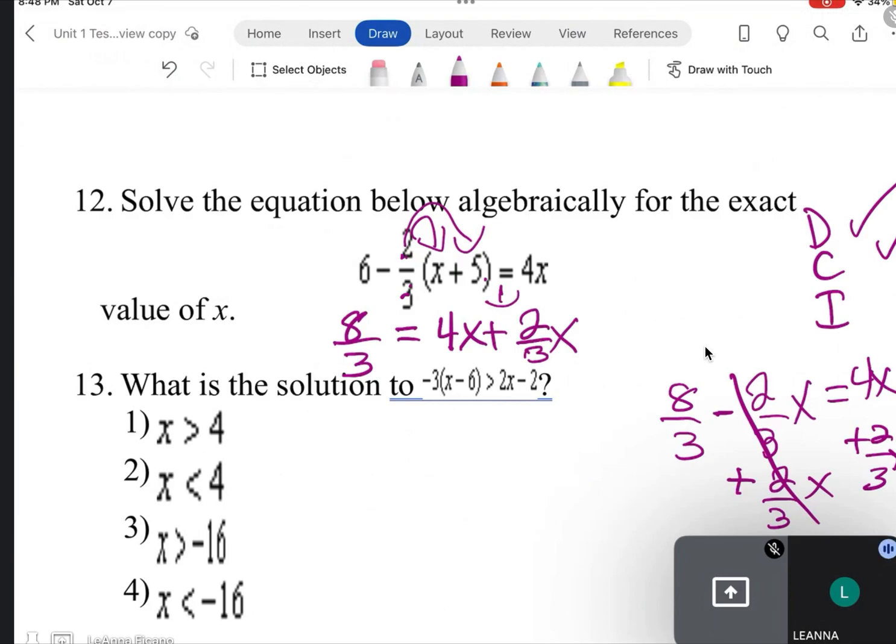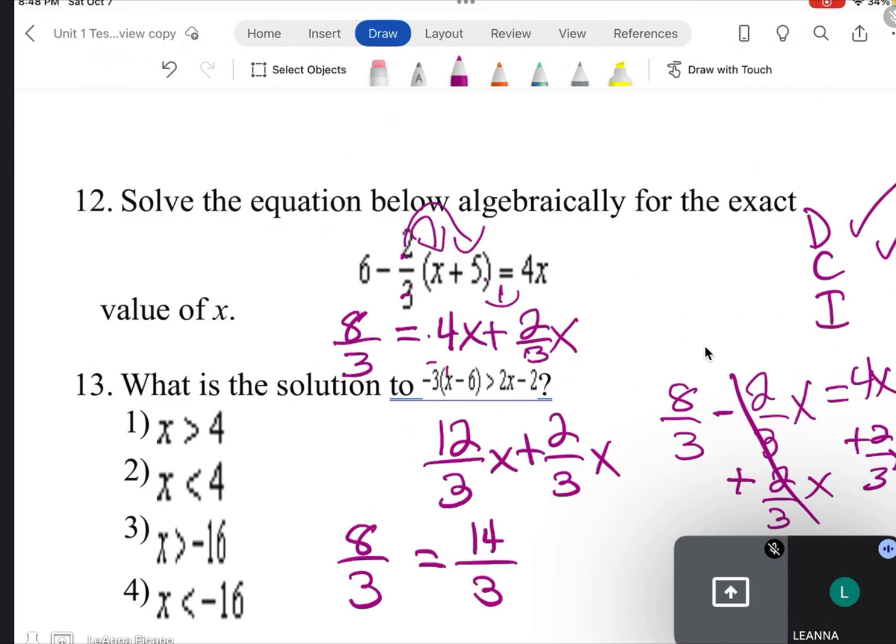Unless you have a calculator where you could do all this, so it's so simple that way. But I'm just doing it by hand. So I multiply 4 times 3, and there's a 1 underneath, and I multiply that times 3, so it becomes 12 over 3x plus 2 over 3x, right? So we have 8 over 3 equals 14 over 3x.